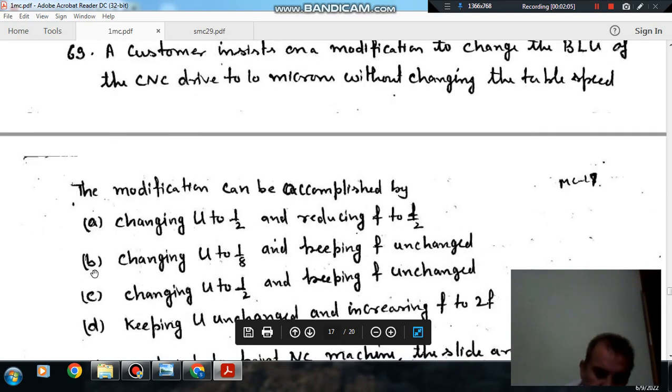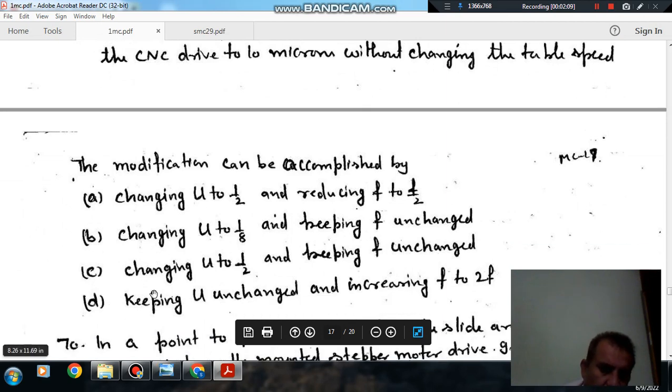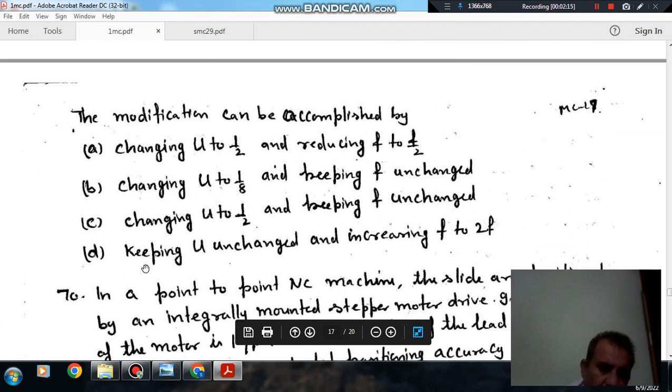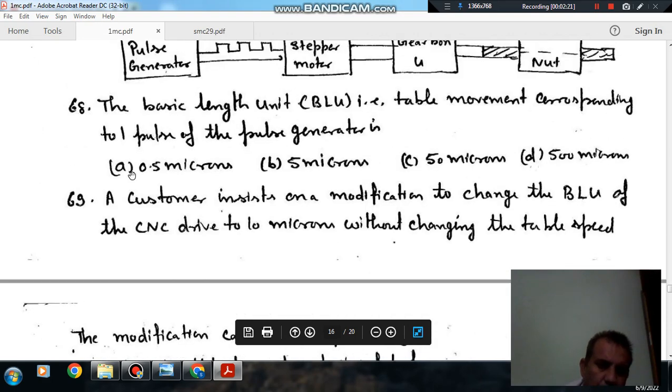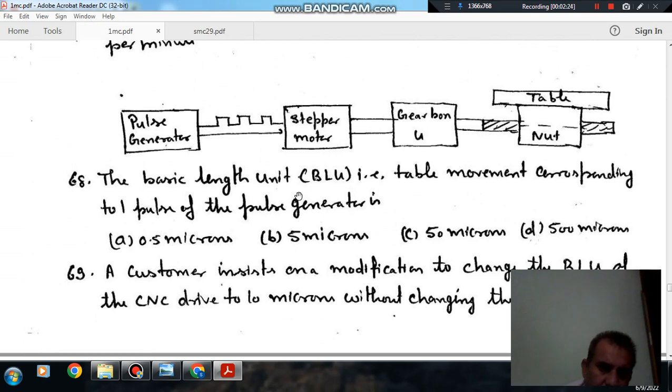Option B, changing U to 1/8 and keeping F unchanged. Option C, changing U to 1/2 and keeping F unchanged. Option D, keeping U unchanged and increasing F to 2F. So first of all we have to calculate the basic length unit in question number 68.